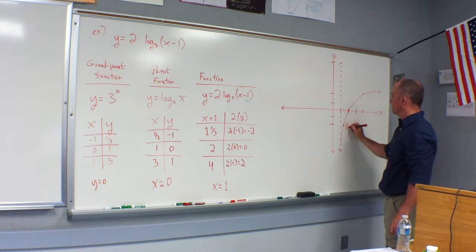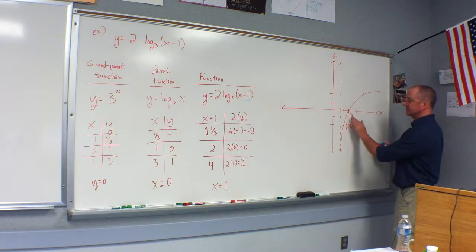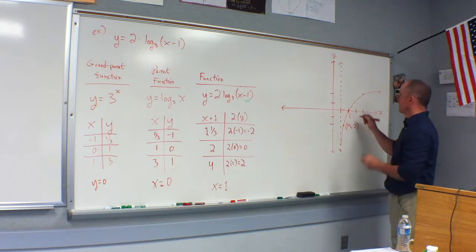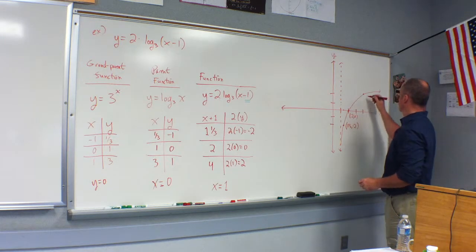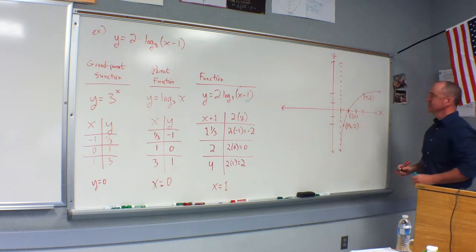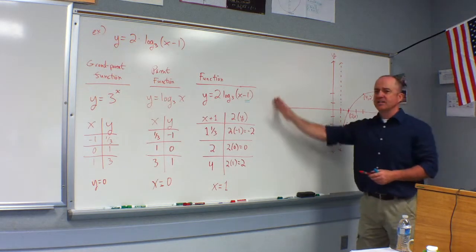So this is my 1 1/3, -2. This is my 2, 0, right? So I have to write that backwards. And that's my 4, 2. Any questions on what I did here?